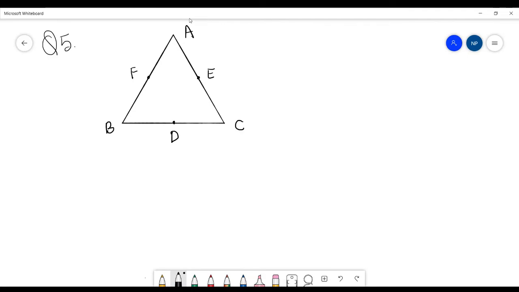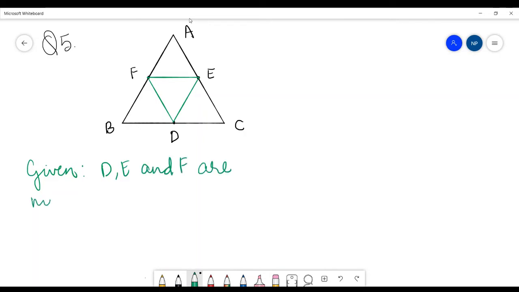Now DEF, if you want to draw an imaginary line over here, you have to join these two lines and you get another triangle by joining the midpoints of the three sides. So over here, what is given? We are given that D, E and F are midpoints.